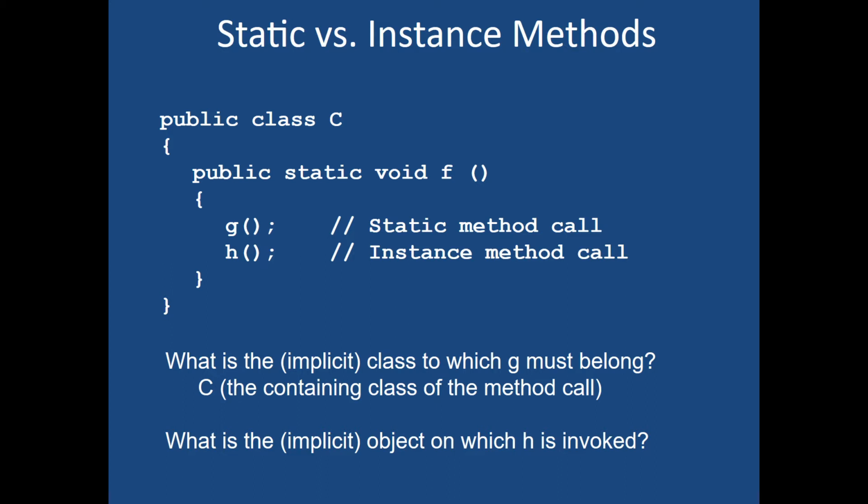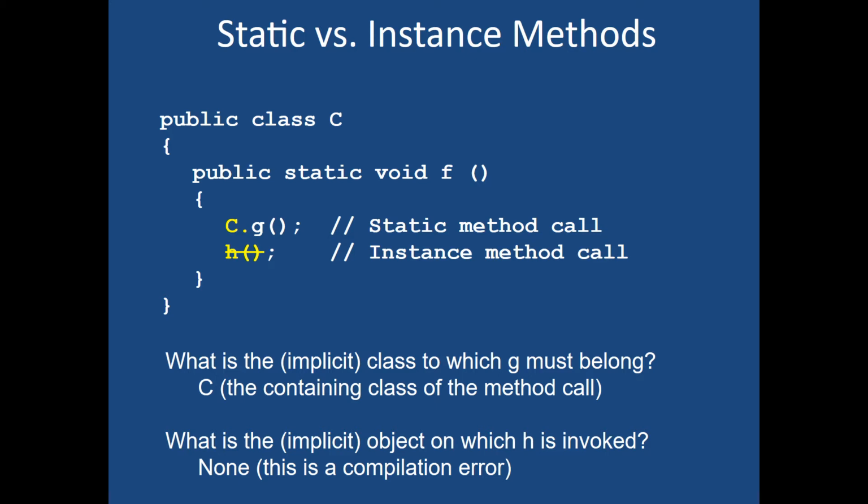Or if you were to call it, what object would it be invoked on? Is there an object that you can invoke f on? No, it's a static method. So that's a compiler error. You can't call an unqualified instance method from inside of a static method. So the C is implicit, but there is no implicit object in this case.